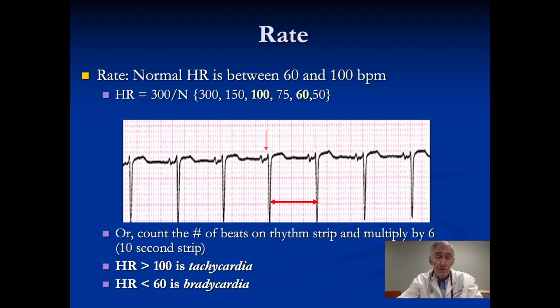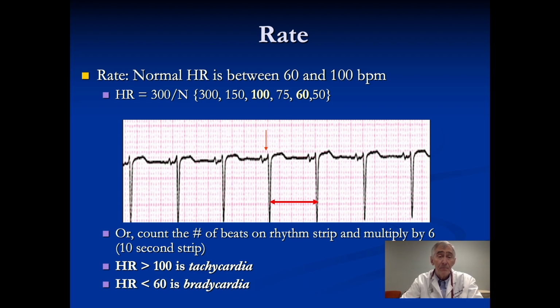Big boxes means 5 millimeters, and you see it right here. This is 1 big box, 2 big boxes, 3 big boxes, or 4 big boxes. And if you divide 300 by the number of big boxes between the RR interval, you will have the rate.